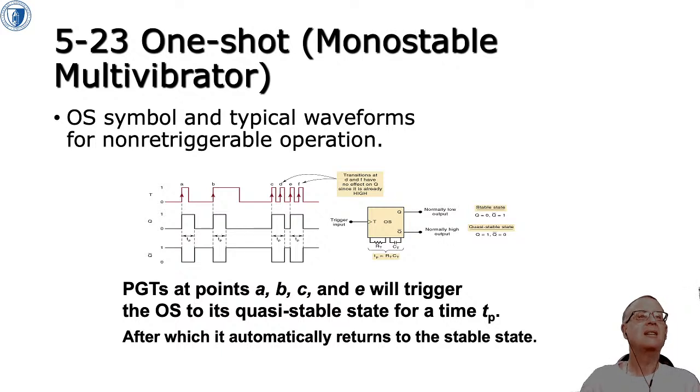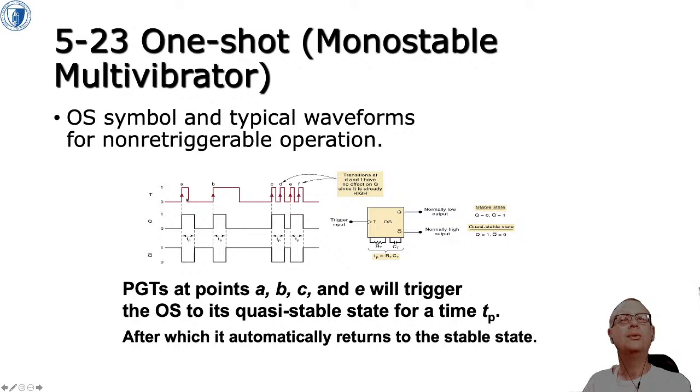We've got a trigger input. That's the top line here. And what this one's doing is, instead of following the input immediately, we've set it up by selecting R and C to output a pulse of a given width.